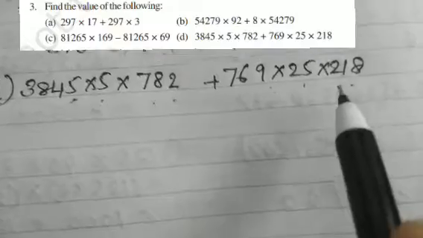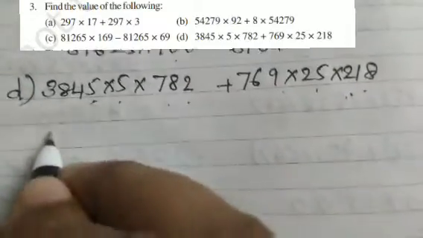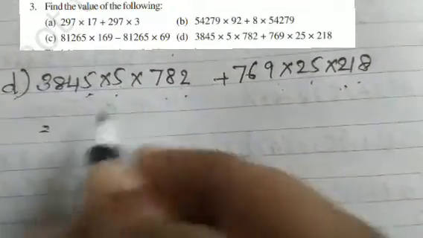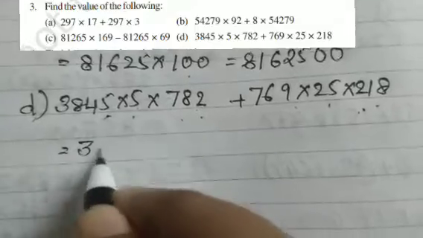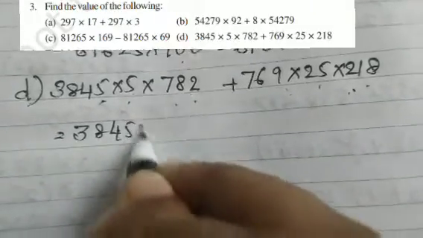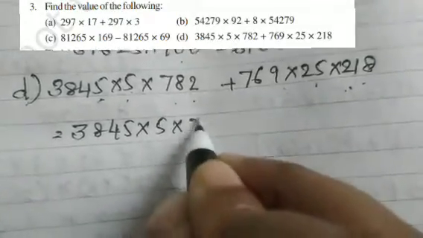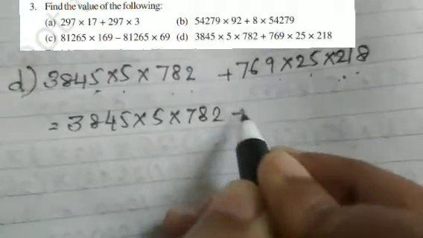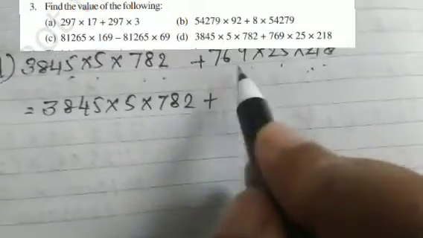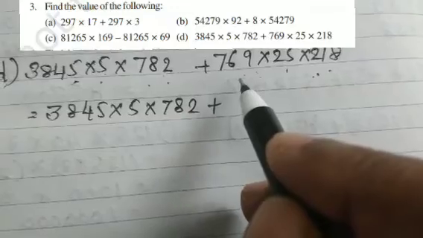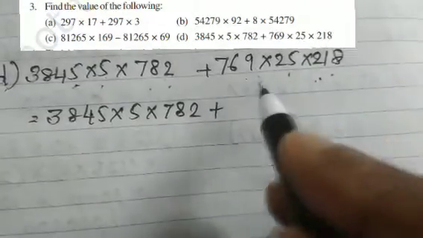Now in this case, I will try to get most of these values. And now how will I get these values? I am placing it as it is, plus 769. 9 5s are 45, I can get.